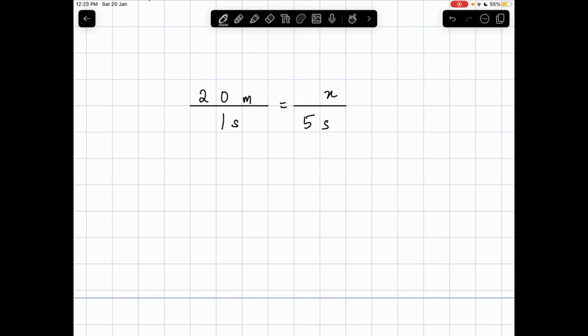What would you do in order to find the distance covered by Ali in 5 seconds? Logically, we know that if you can run 20 meters in 1 second, then in 5 seconds you would run 5 times of what you ran in 1 second, which is times 5, and you will get 100 meters.